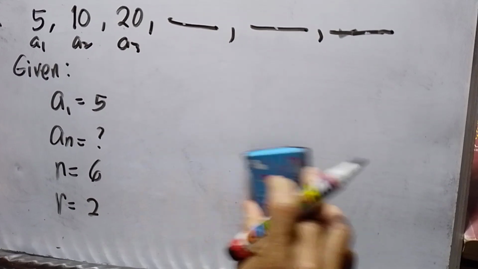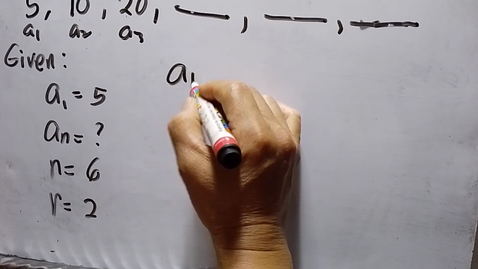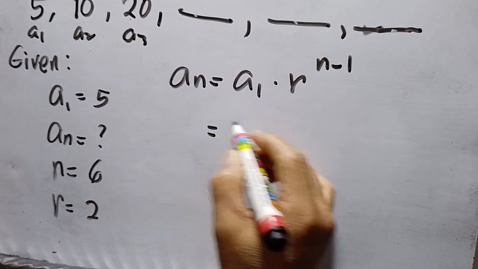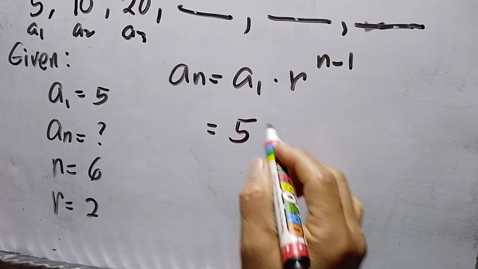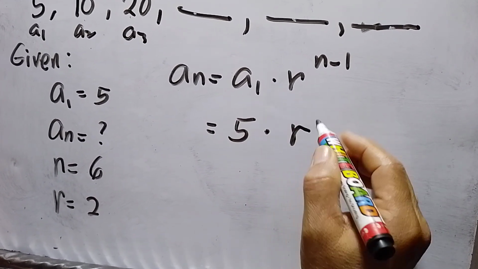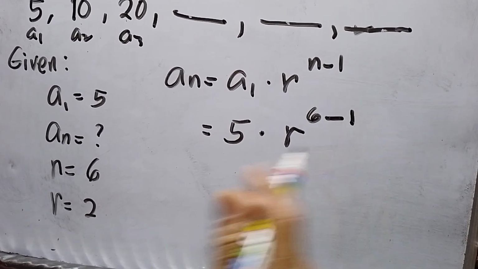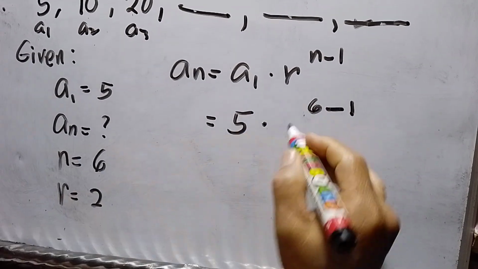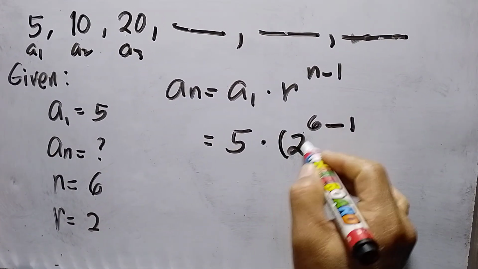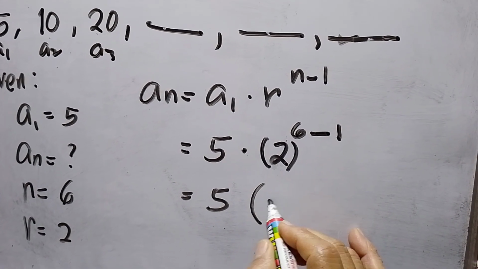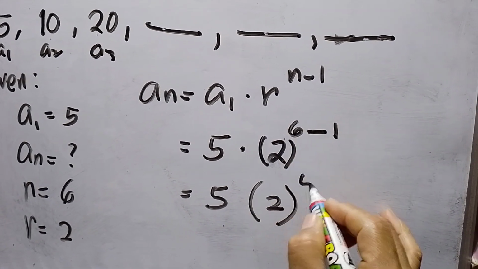So by using the formula, An is equal to A1 times R to the n minus 1. So this will be A1 is 5 times R, n is 6, then minus 1. By the way, this will be 2. Sorry, this is 2. So this will be 5 times 2, 6 minus 1 is 5.